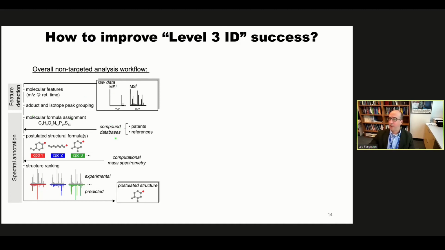Then we query compound databases to come up with candidate possible structures from our molecular formulas. And then the task now is to rank those structures based on experimental data versus mass spectral predictions using computational mass spectrometry, and then combine that with information we can glean from our compound databases.